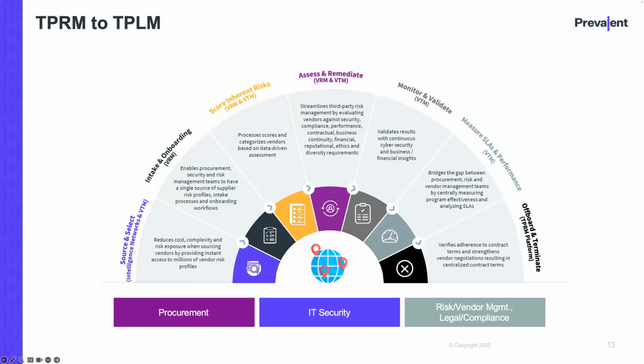So I guess creating that journey, if you will, in a full life cycle, and looking at it from the procurement side, the security side, the risk and governance side, it'll make it easier from an engagement perspective internally. If you're an organization looking to say, this is our business case for going on that journey of a TPLM, rather than perhaps the more traditional model.